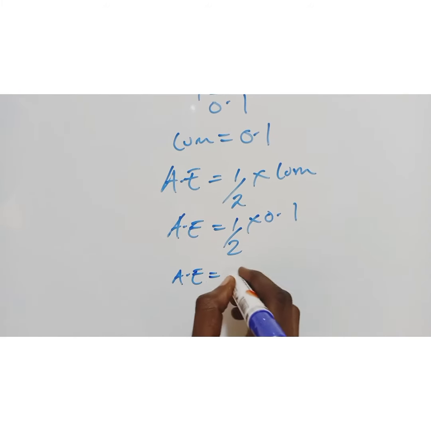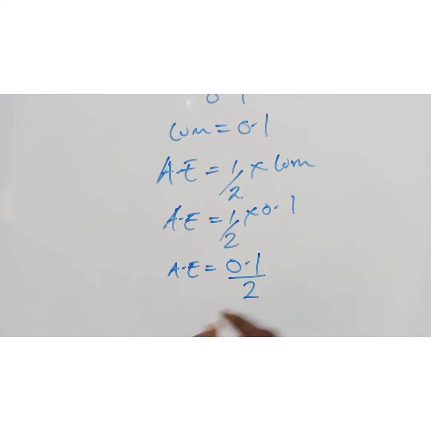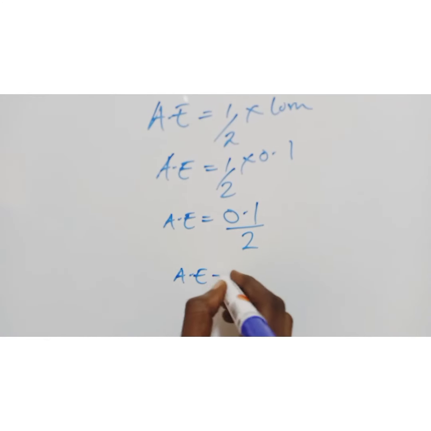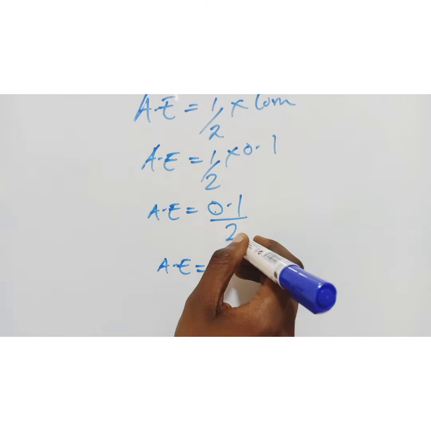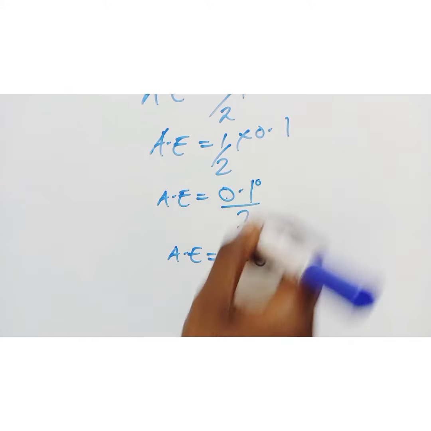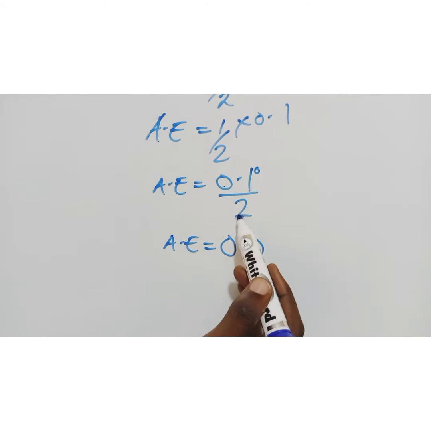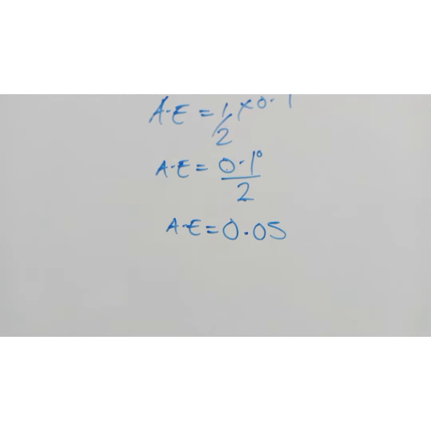AE is equal to 1 times 0.1, 0.1 over 2. So AE is 2 into 0, 0. 2 into 1 can't. Then you add your 0 here. So 2 into 10 is 5.